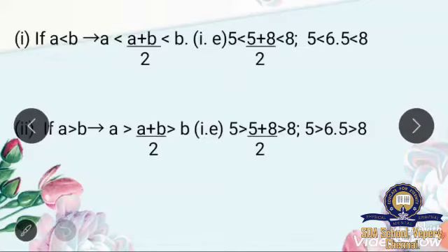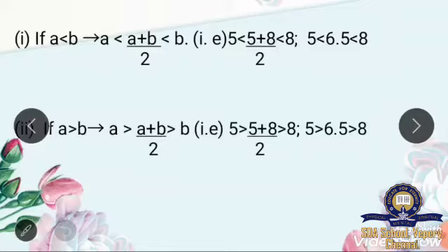It has two certain conditions. If a is lesser than b, we are going to denote it as a is lesser than (a plus b) divided by 2 is lesser than b. That is, let me consider a as 5 and b as 8.